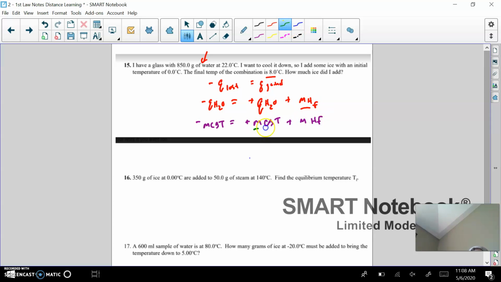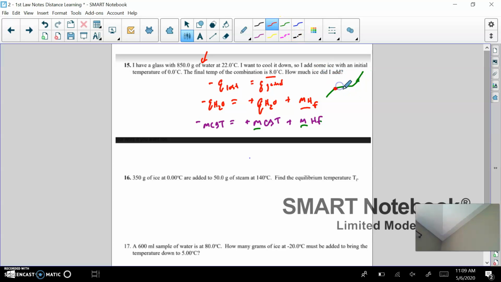So what you end up doing is solving for the mass, and that should be the same, okay? Because this ice is going to take energy to make it into water, and then that water is going to go up to 8 degrees Celsius. So it's like you're melting it, and then you go up to 8 degrees Celsius and you stop at that point. If you remember our graph, that's where we are, right?